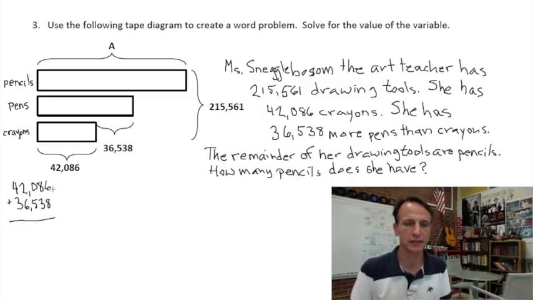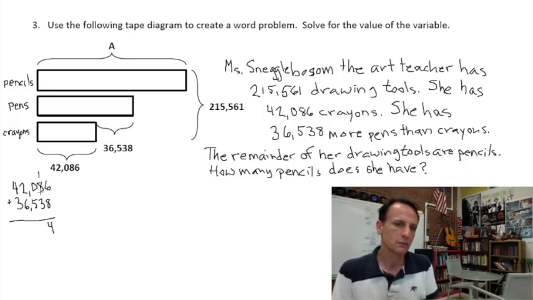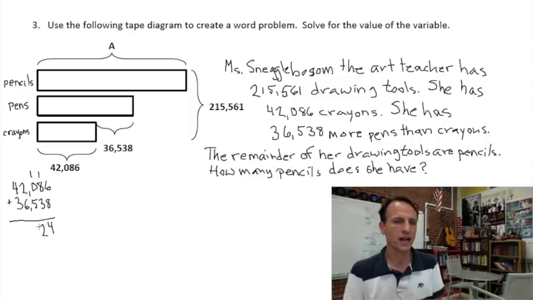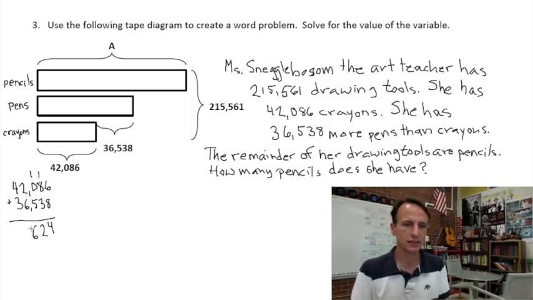So let's do that. 6 and 8 make 14. Regroup that 1. 1 and 8 make 9, and 3 more is 12. Good. Regroup that 1. 1 and 0 and 5, 6. 2 and 6, 8.